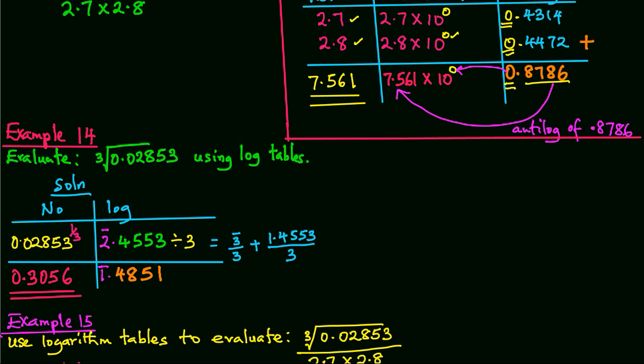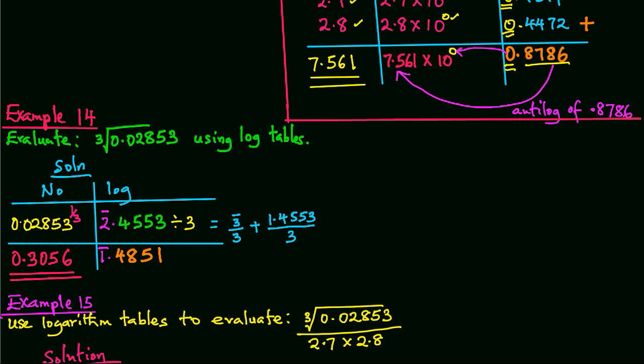Another case is we want to evaluate the cube root of 0.02853 using logarithm tables. So here the number is 0.02853 raised to power one third. From the tables, log of 0.02853 is bar 2.4553, and then we divide this by 3.